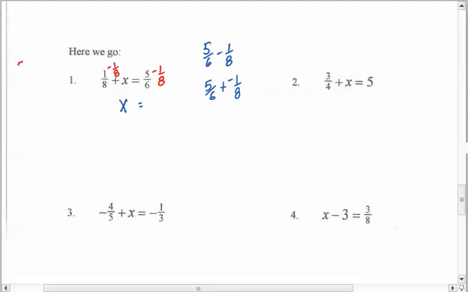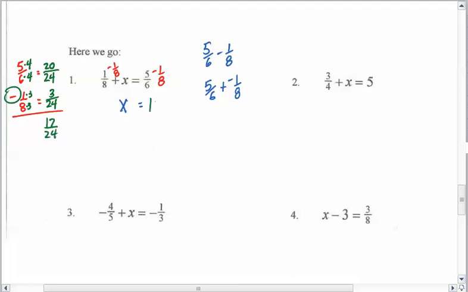I'm going to come over here to the left. 5/6 goes on top, minus an eighth. Now I'm going to write equivalent fractions. Common denominator, 6 times 8 is 48, but 24 is smaller. We're going to use 24. Okay, 8 times 3. 6 times 4. Subtracting, I get 17/24.